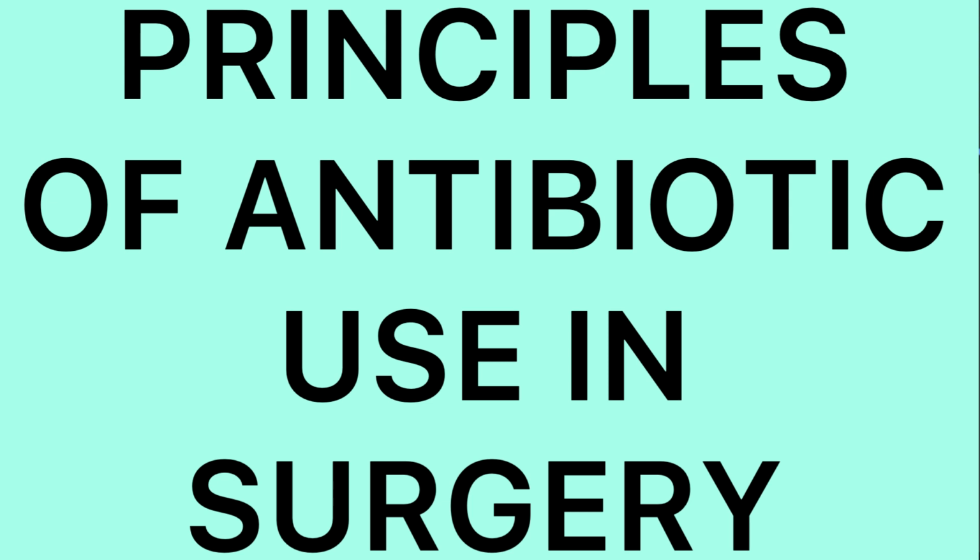Naturally, for clean wounds, they're not supposed to give antibiotics, they're just supposed to ensure surgical asepsis. In neurosurgery and orthopedic surgery, where the effect of infections can be very catastrophic, you use antibiotics. Another indication is when there is going to be use of a foreign body like an implant or pacemaker; you should use antibiotics.